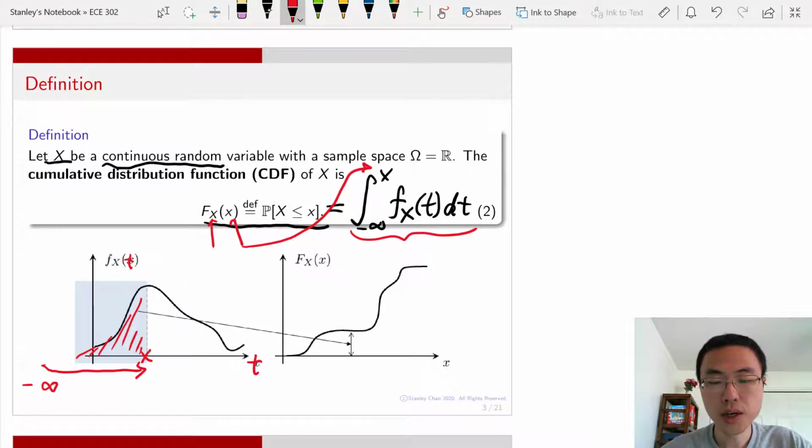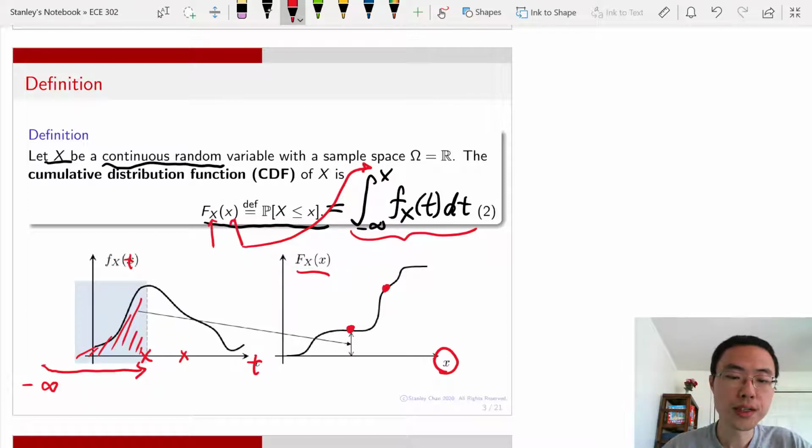Okay. So if I am changing my value of x, then the area under the curve of this function will go up. Now, as I move x from this point to this point here, then I am moving this capital F_X from here to here.